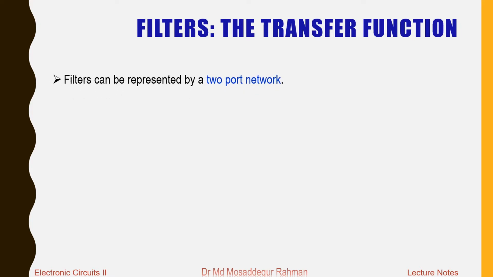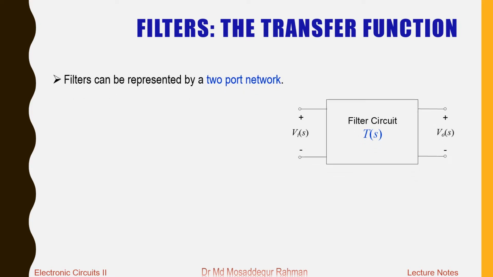First, how are filter circuits represented? We can represent a filter circuit by a two-port network as shown in this diagram. It has an input port and an output port. It's similar to an amplifier.